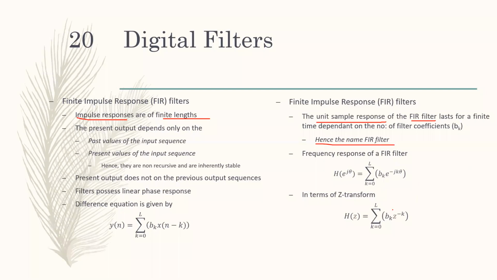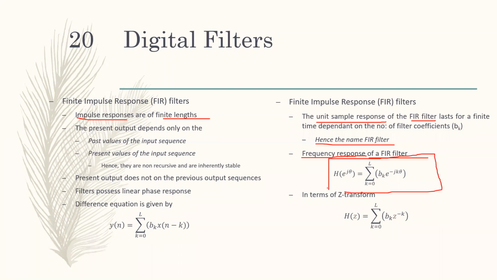Now, we had seen in previous slides how we can obtain a frequency response. If I know the Z transform, I can obtain the frequency response, and if I know the frequency response, I can obtain the Z transform. So it is interchangeable. For example, this is a general equation which we have.